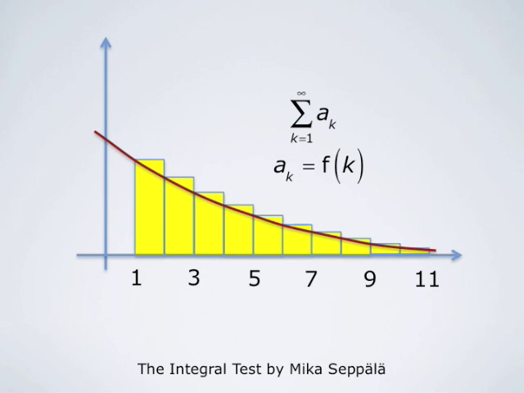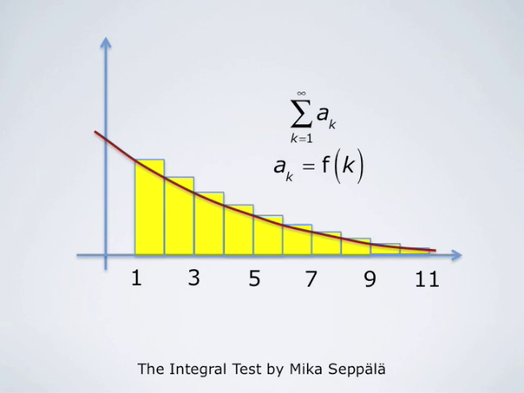The area of a yellow rectangle corresponds to a term of this series. This geometric interpretation differs from the previously used one in that we have moved all rectangles to the right. That's the only difference.